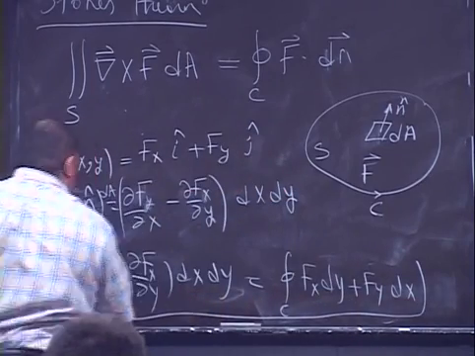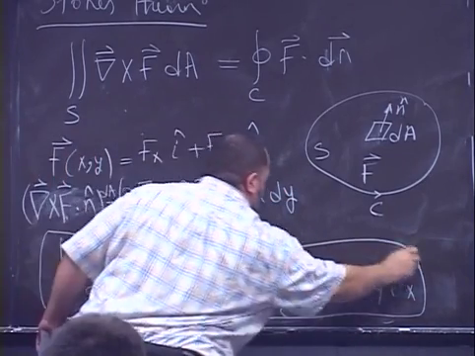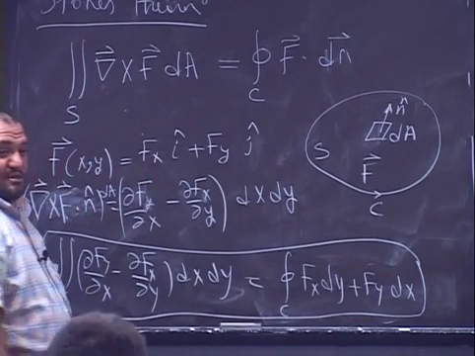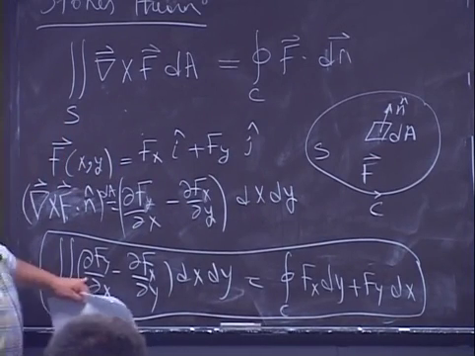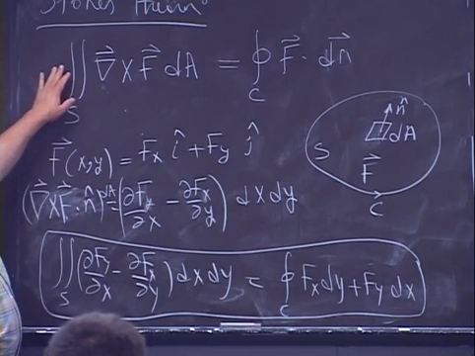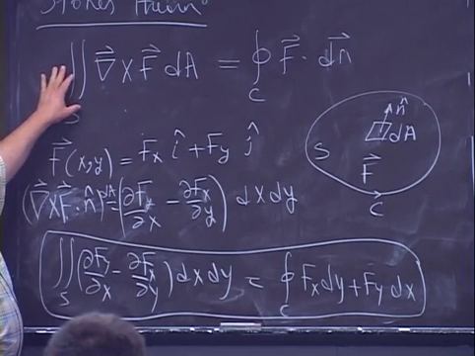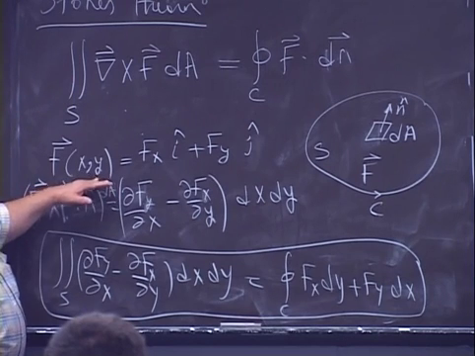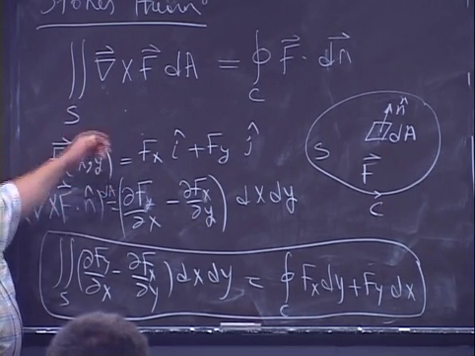What's this theorem called? Green's theorem. So Green's theorem is just a special case of the Stokes theorem, in case you have a function in two dimensions like this, not in three-dimensional space.